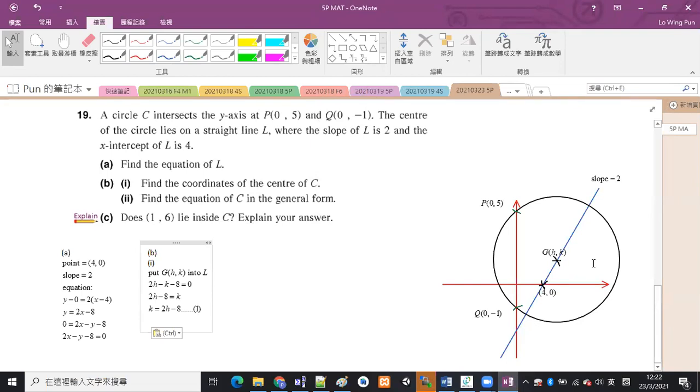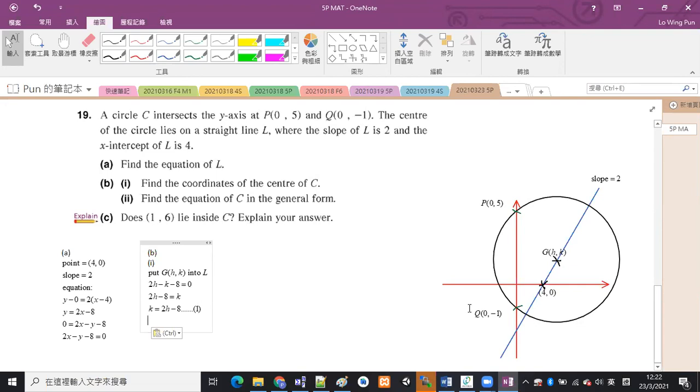And then we need equation 2. We have 2 points on the circle. Again, we can form the radius GP and GQ, and we just put them to be equal. That will be the second equation.